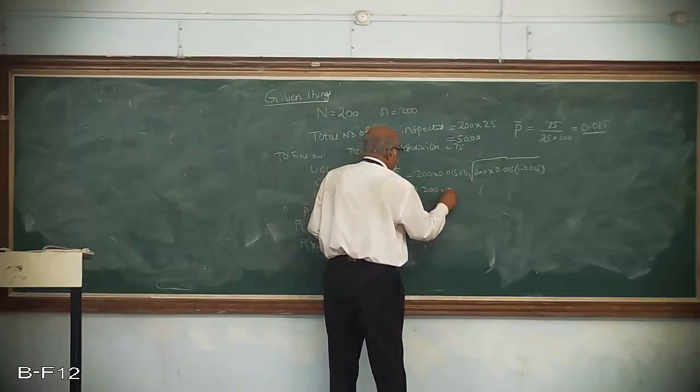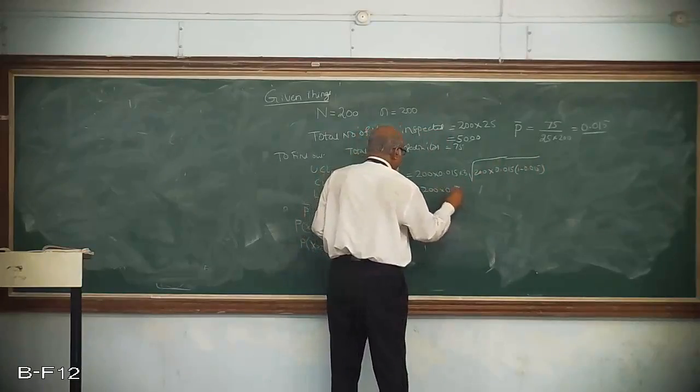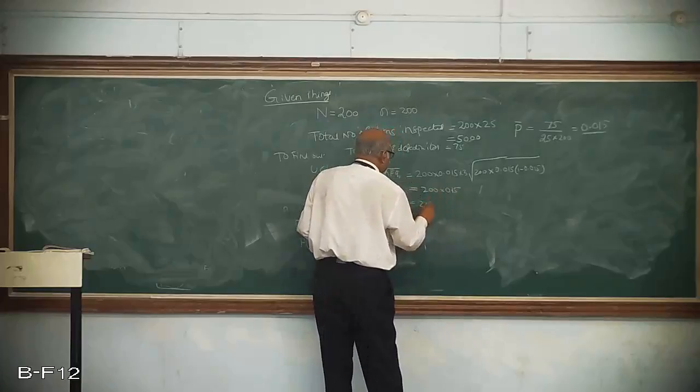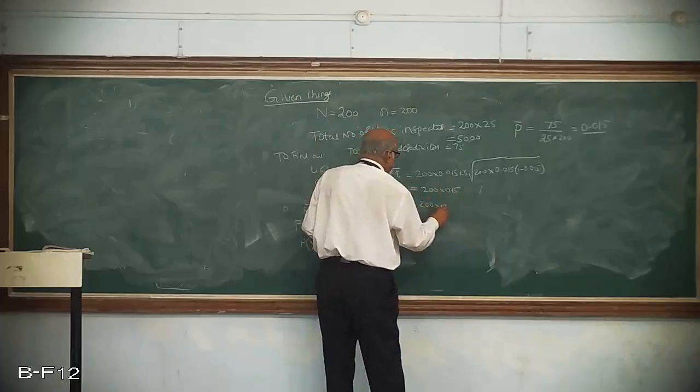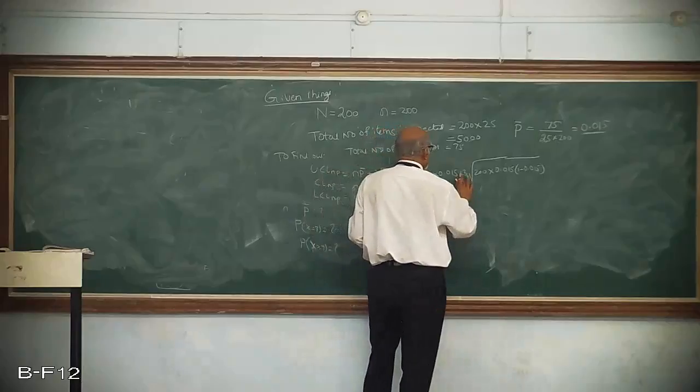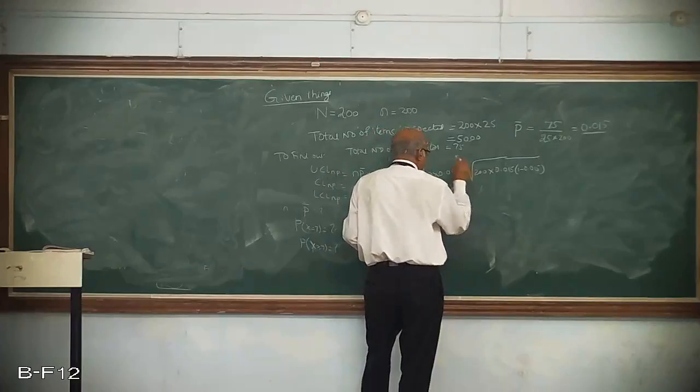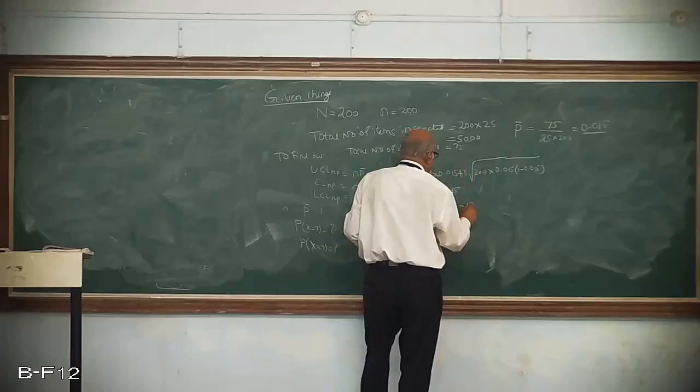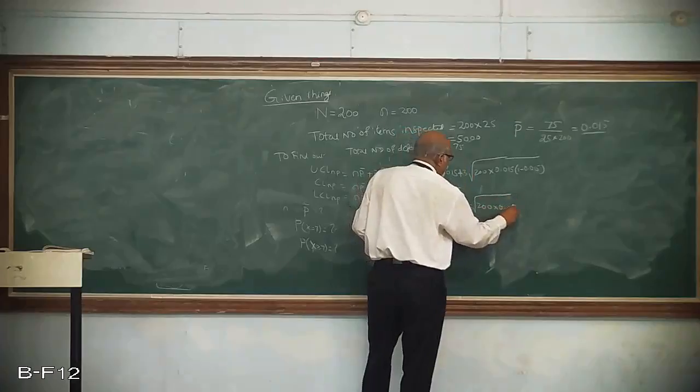The central line is 200 into 0.015, and this is plus, and here it is minus 3 sigma limit.